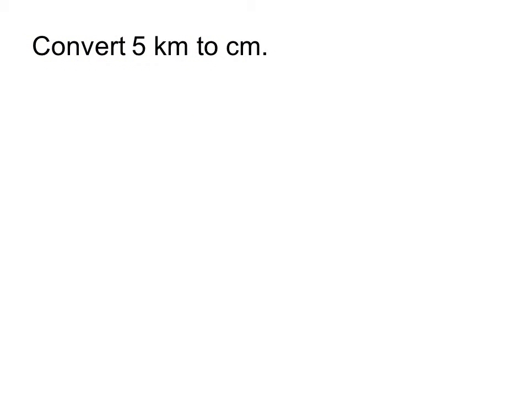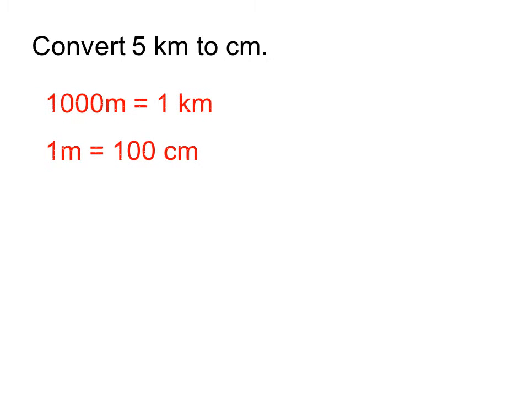Okay, here's another. Convert 5 kilometers to centimeters. Now this one requires you to remember or recall 2 bits of information. First of all, you need to recall how many centimeters there are in a meter and how many meters there are in a kilometer. Now with that information tucked away, you start your conversion with your 5 kilometers because that's what you were given.